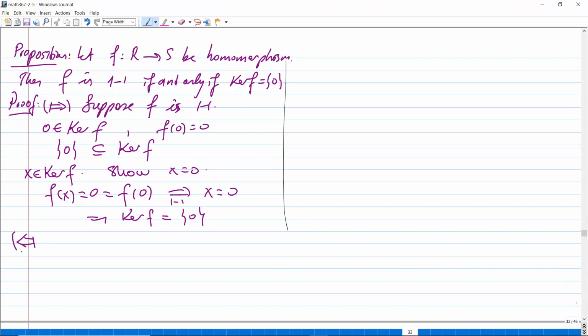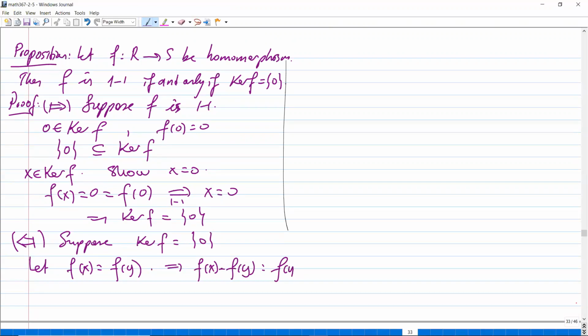Conversely, suppose that the kernel of f is 0. Let x and y be in R with f of x equal to f of y. We need to show that x is equal to y. If you add the additive inverse, f of x minus f of y is equal to f of y minus f of y, which is 0. On the other hand, f of x minus y is equal to f of x minus f of y, because f is a homomorphism, and that's 0.